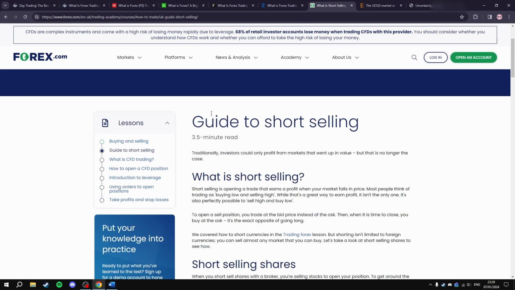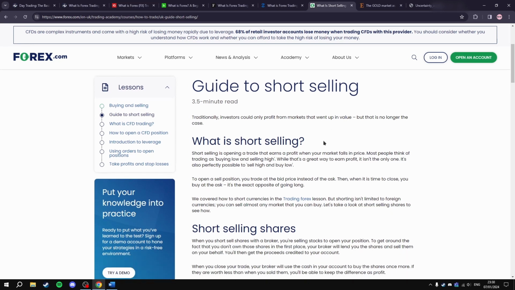Guide to short selling. Traditionally, investors could only profit from markets that went up in value, but that is no longer the case. What is short selling?